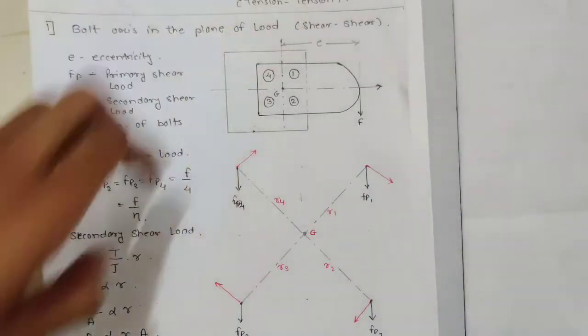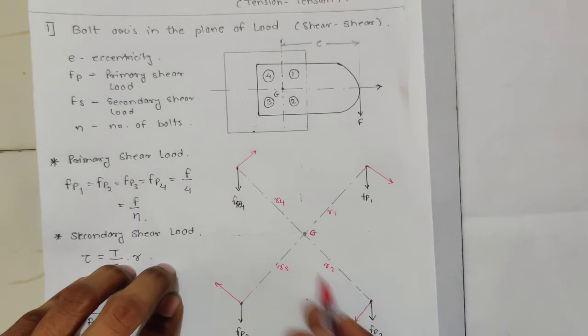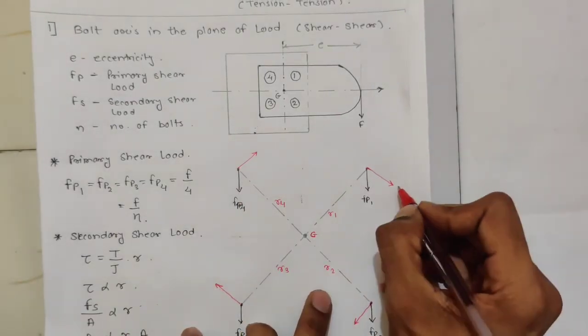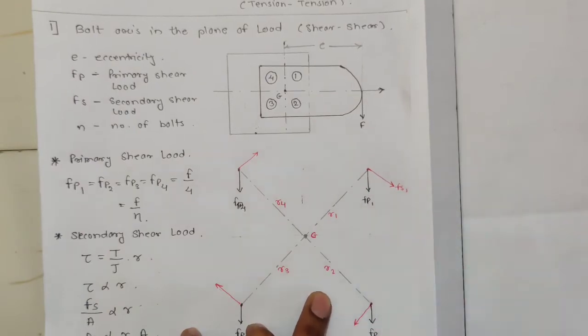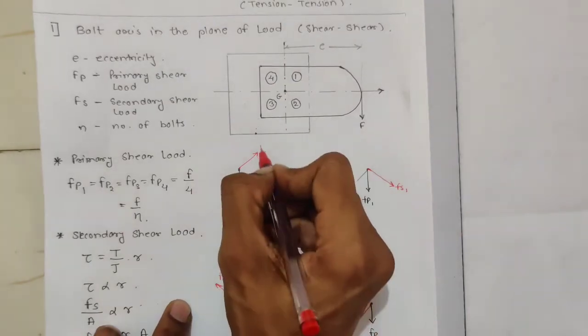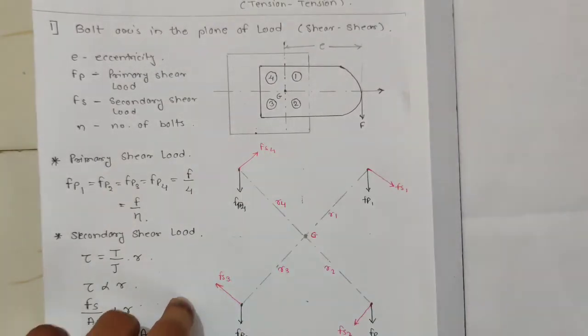So it is going to rotate like this. I'm naming them Fs1, the secondary shear load on bolt 1, and likewise on bolt 2, bolt 3, and bolt 4.